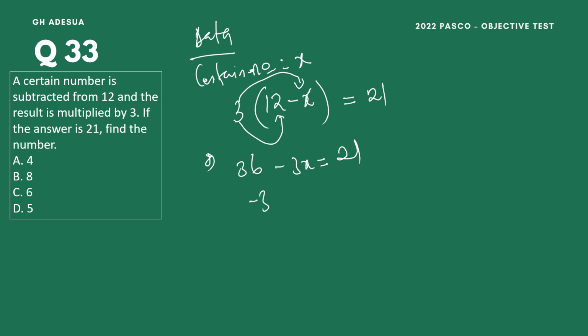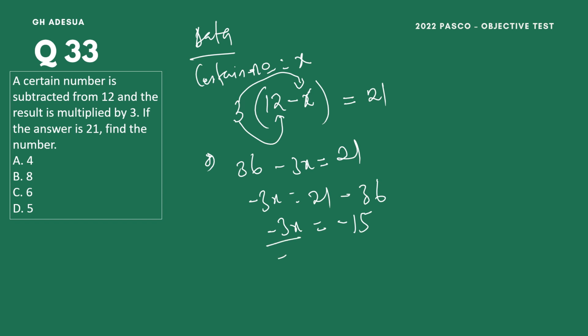So with negative 3x standing alone, we have 21 minus 36, being negative 15.